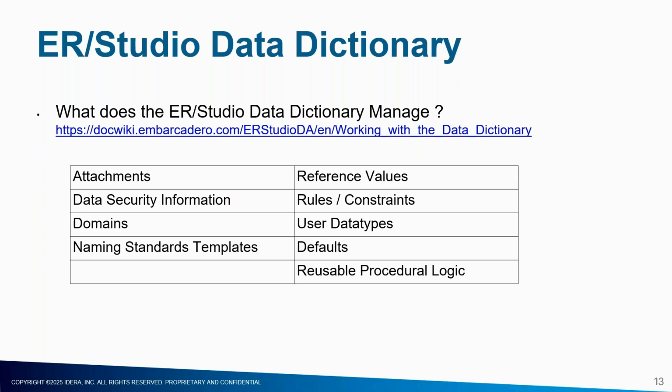I'll talk more about that in a moment. Domains are really reusable attributes, so we can define standard definitions of our attributes and reuse those. Naming standard templates, very important at mapping between those logical and physical layers. And then there's a whole host of other things we can add in here around reference values, defining rules and constraints, user data types, etc., etc.